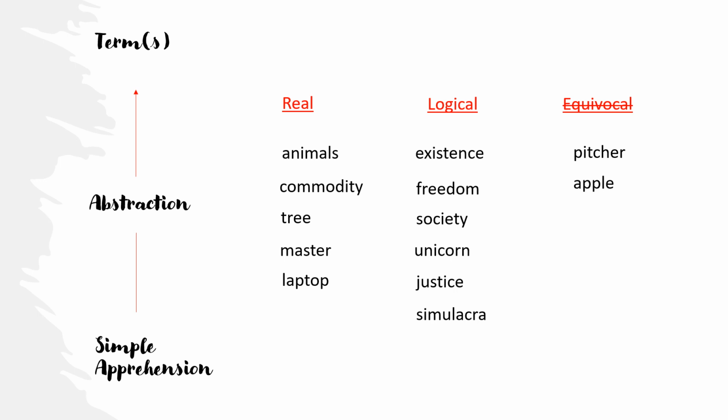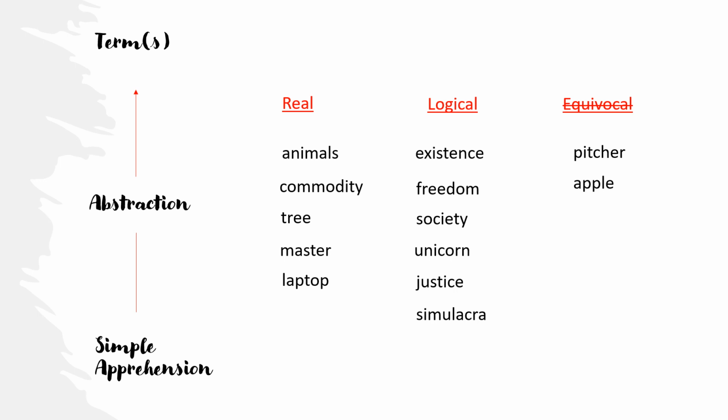Now, real terms like animals, commodity, trees, or tree, master, laptop are those that have direct empirical reference, while logical terms are abstract terms like existence, freedom, society, unicorn, justice, simulacra. And equivocal terms are those that have two or more than two senses, and they can sometimes confuse our conversation.